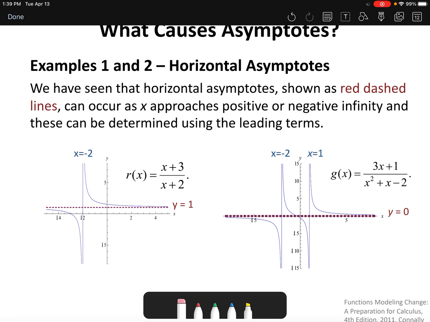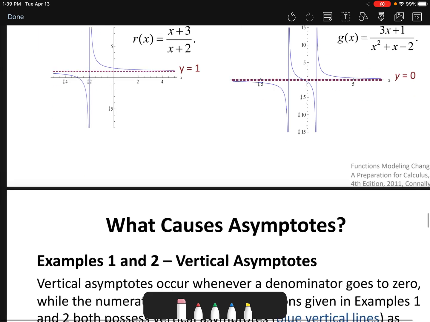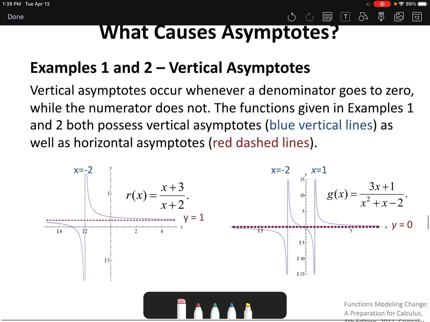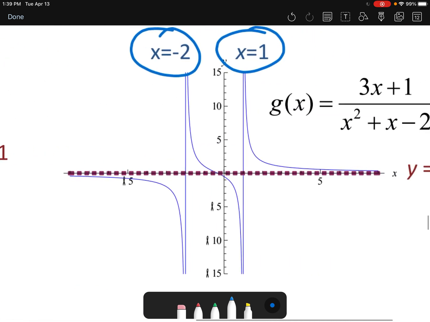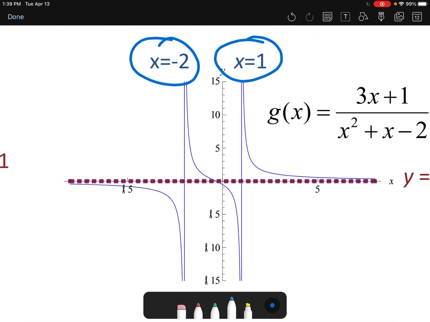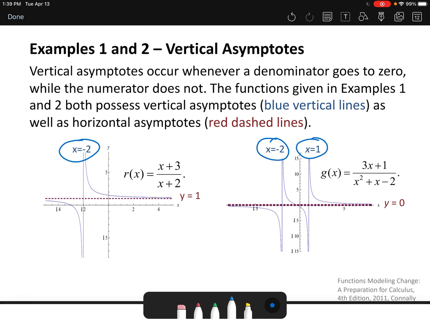That's an easy thing, isn't it? But you can also see that we have vertical asymptotes, the blue ones. What in the world is causing us to have vertical asymptotes, the blue dashed lines? We got one at −2, and we got one at −2 and 1 in this case.